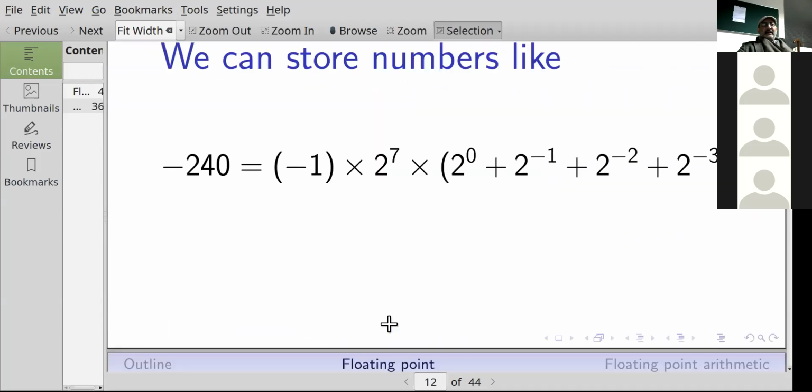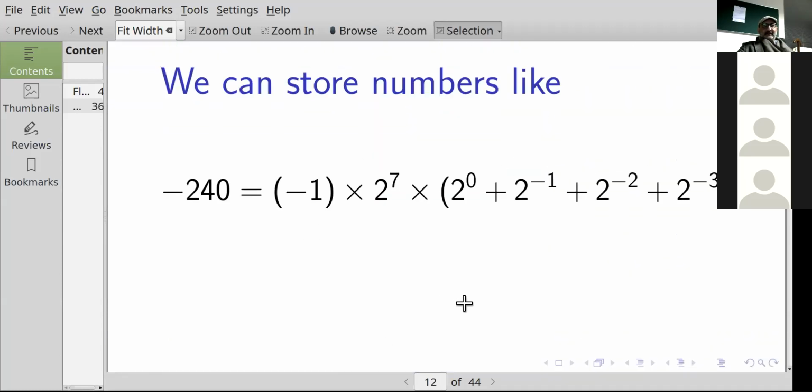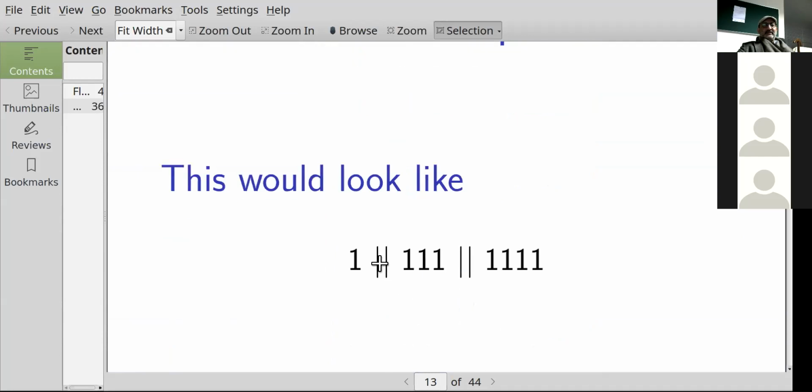And then I wanted a minus sign, so the sign bit gets a 1. So the first bit is the sign bit. Then there are 3 bits, which are the exponent. And then there are 4 bits, which stand for the number.